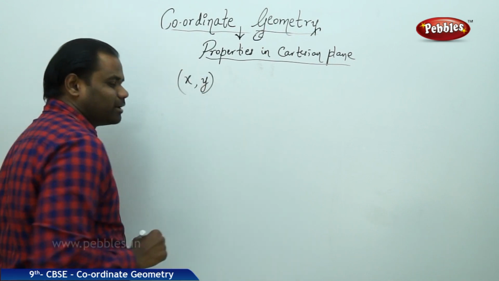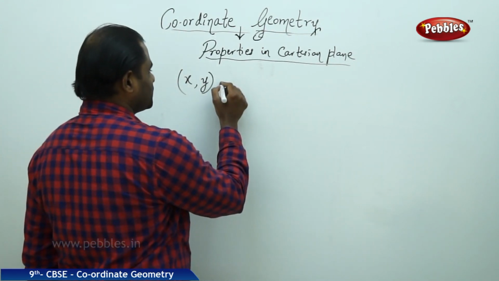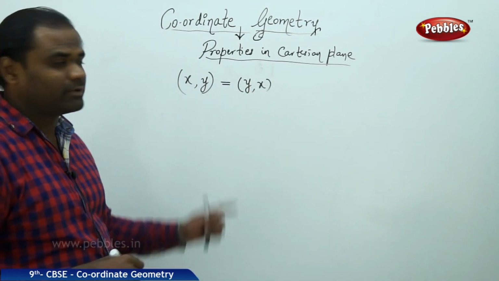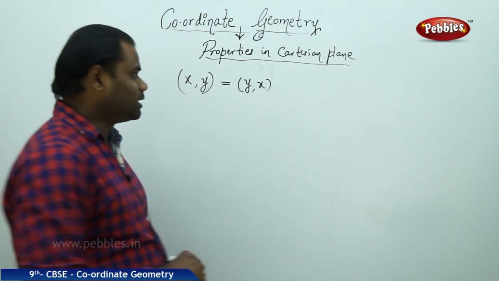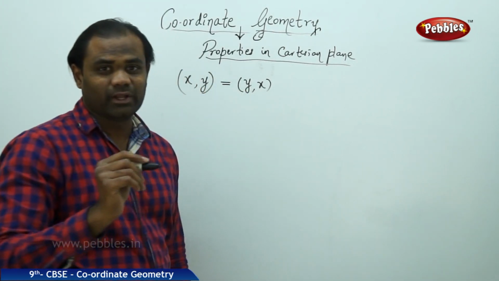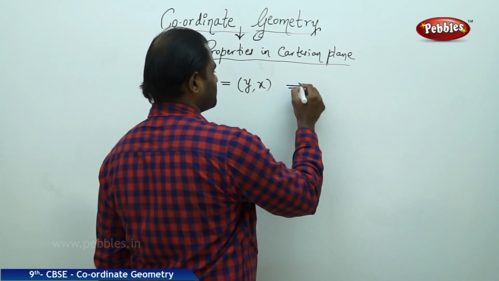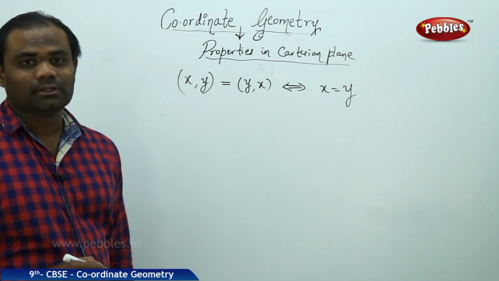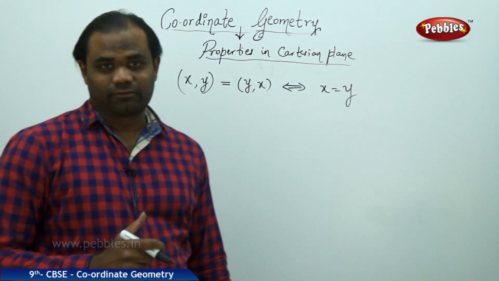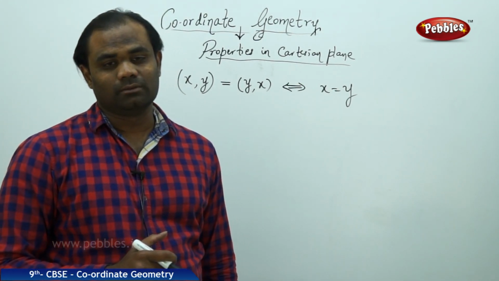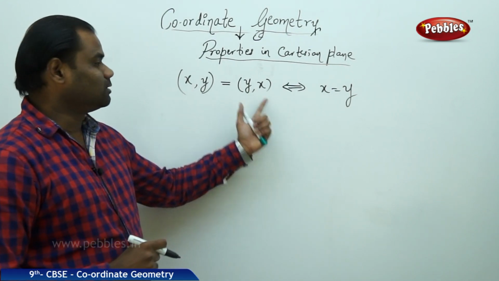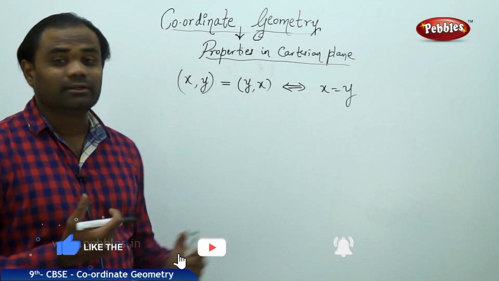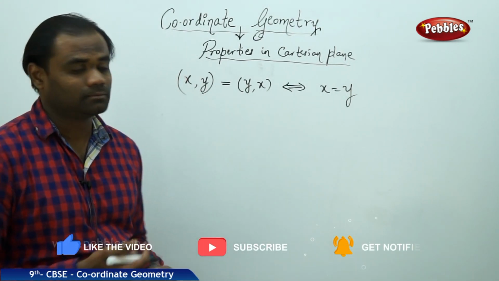If I take the ordered pair (x, y) as a point and I say this is equal to the ordered pair when it is reversed, then this is possible only when x equals y. This is how we understand the property. This property can never be true if they are not equal. They have to be equal. If the abscissa and the ordinate are equal, only then does the reversing property hold true.